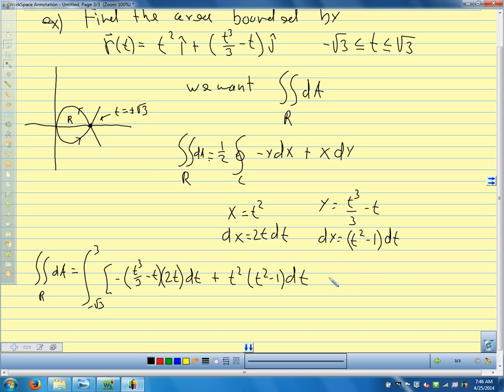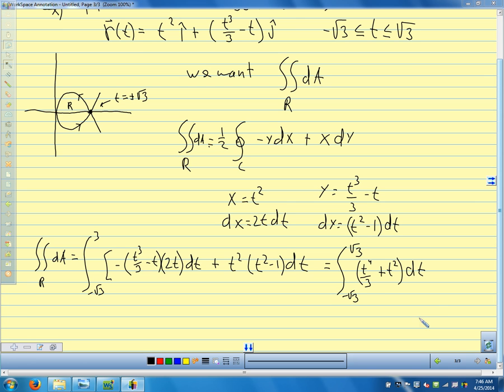And I can simplify this, distribute, combine like terms. When I simplify that, from minus square root of 3 to square root of 3, this simplifies to t to the 4th over 3 plus t squared dt. Not a difficult evaluation. Substitute in my limits, and this is approximately 2.77.